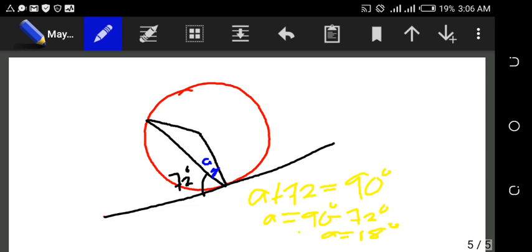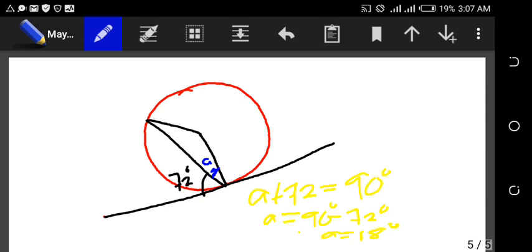Therefore, in this case, the value of A becomes 18 degrees. When you add up 18 degrees plus 72 degrees, that will give you 90 degrees, which normally would be the value from here to here, because this radius is perpendicular to the tangent that we have here. Remember that perpendicularity indicates that there is a right angle between the perpendicular lines.